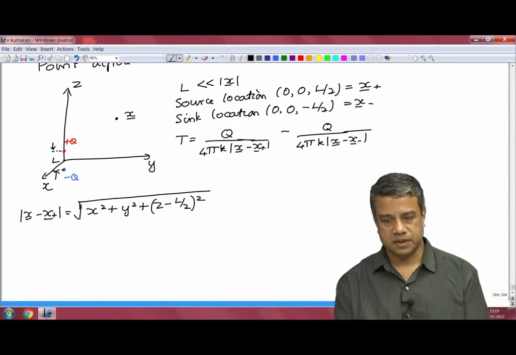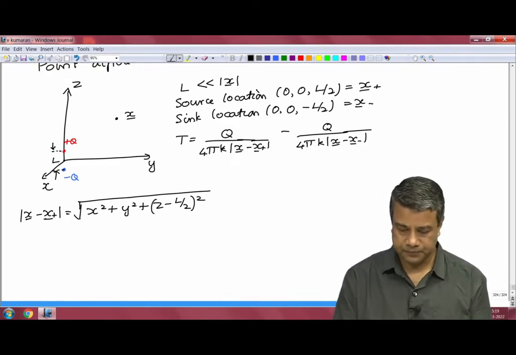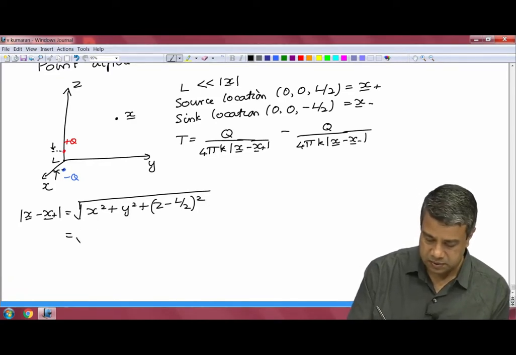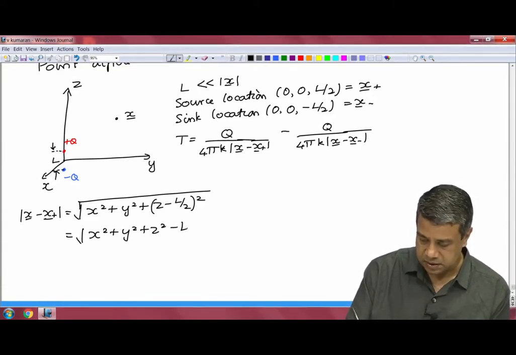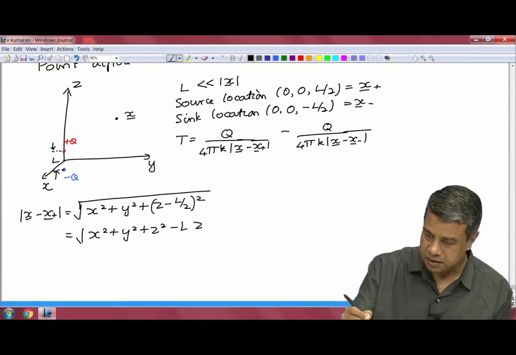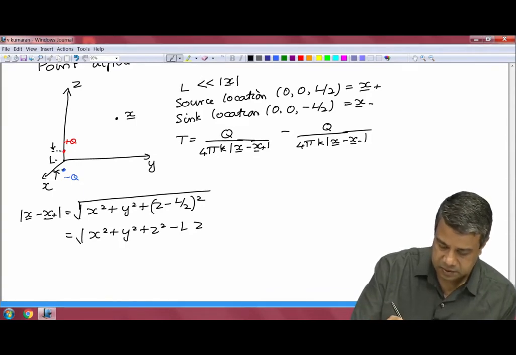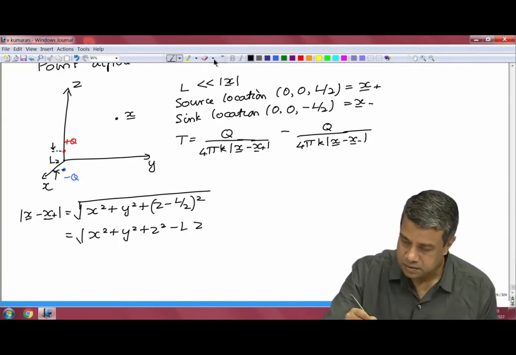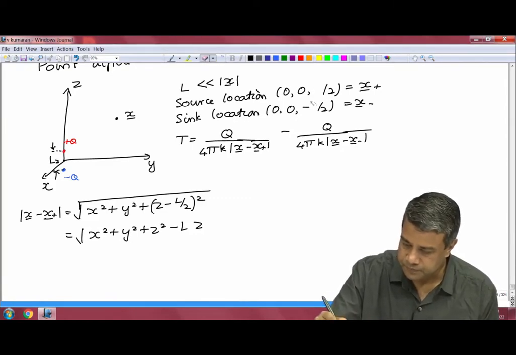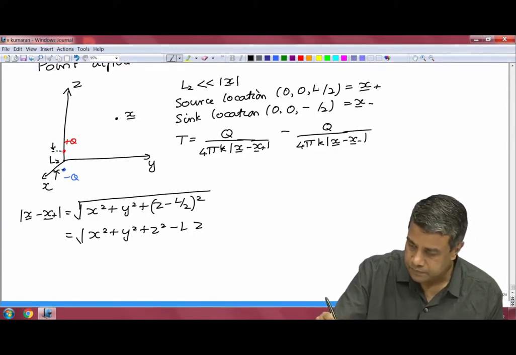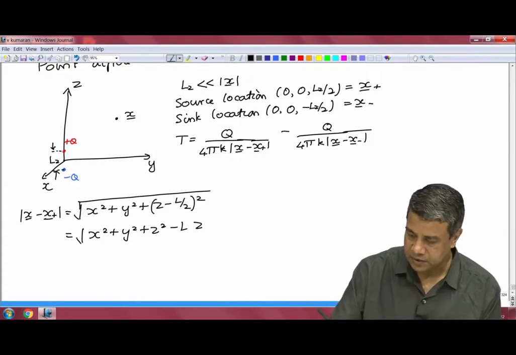So, x square plus y square plus z minus L by 2 the whole square. I can expand this out as the square root of x square plus y square plus z square minus L z. Let me call this L z, I will put a subscript z on it.